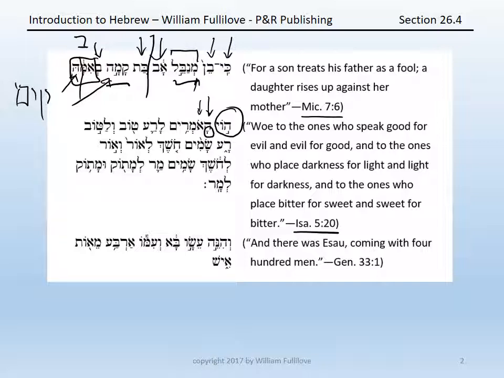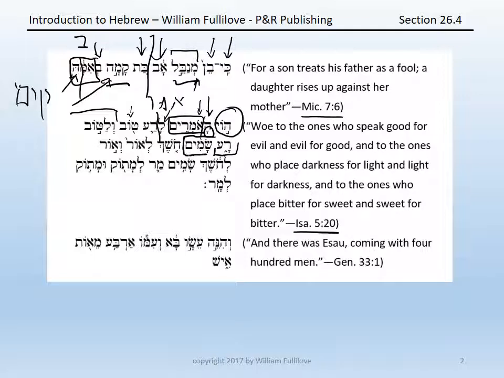Ha-omerim, a classic Qal participle masculine plural of amar, the ones who say, la-ra. So la, the preposition lamed, for evil, tov, good. Woe to the ones who say, for evil, good, v'la-tov, ra, and for good, evil.